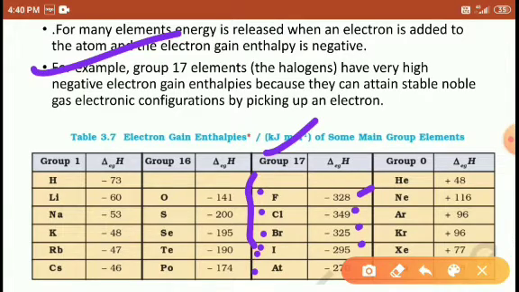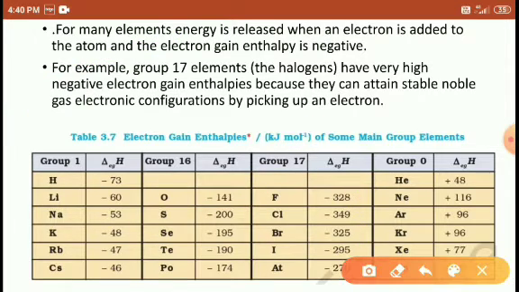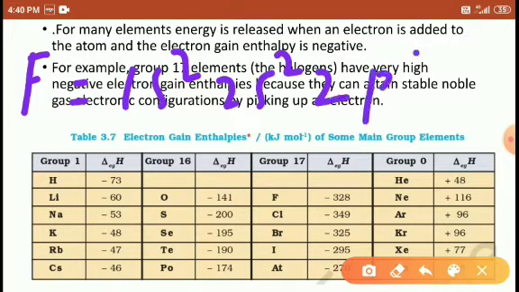All have a very high negative energy because, for example, fluorine is 1s2, 2s2, 2p5, atomic number 9.